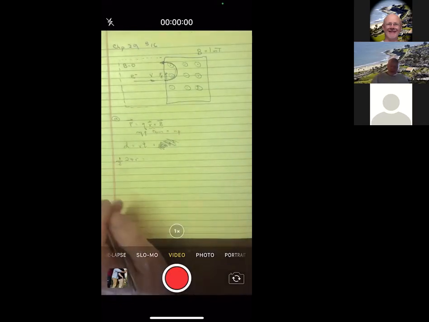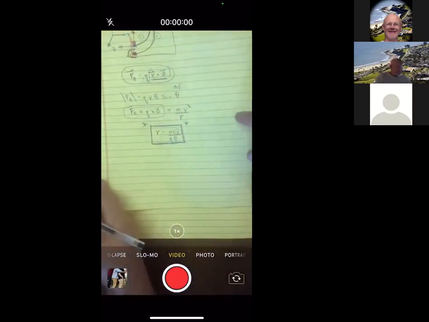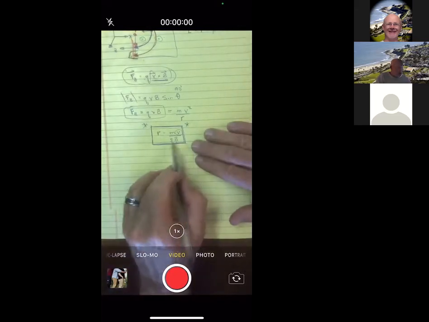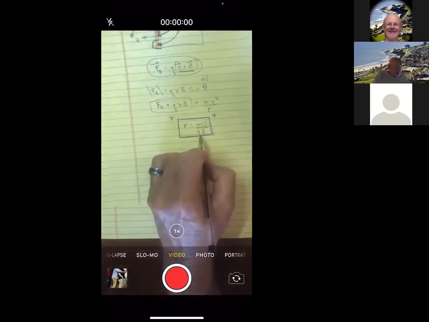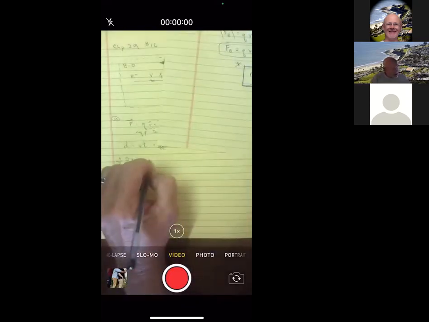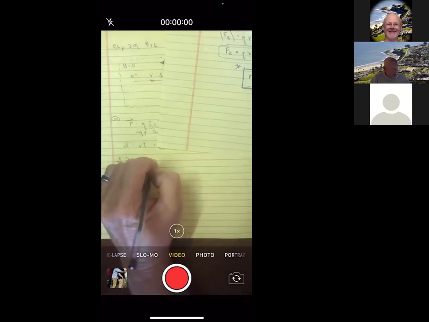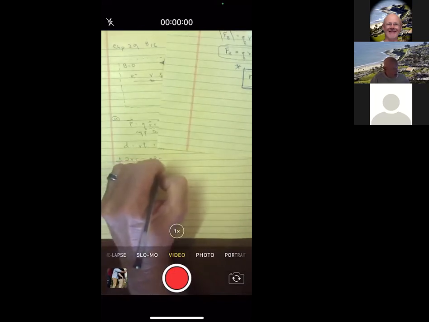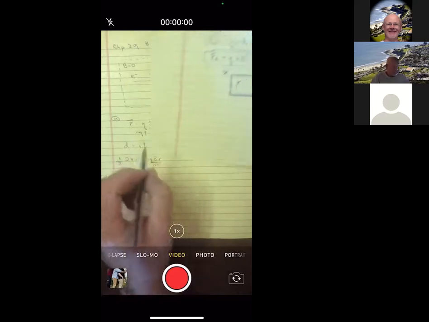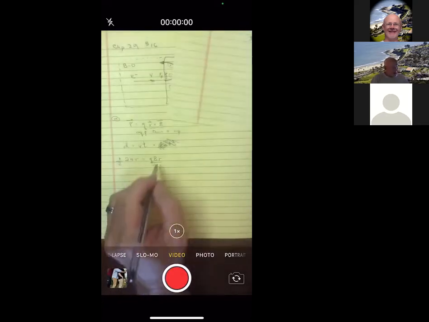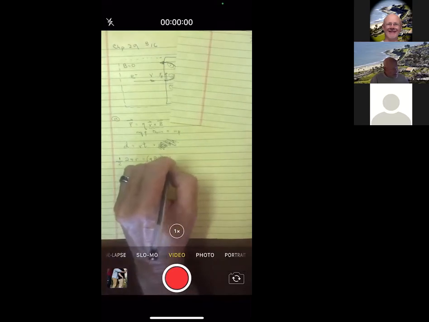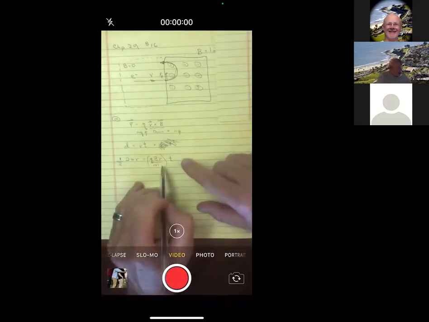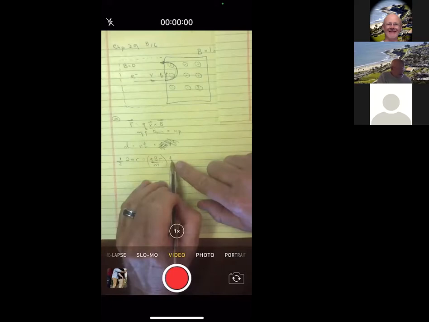Now, its velocity, and this is where I'm going to use this equation, I would come back and solve this for velocity. I'm going to move the Q and the B to the other side. So this would be Q, B, and R, and I'll divide by M. And then that would be the velocity. And then that would be the time. And so that's what I'm looking for, that T.